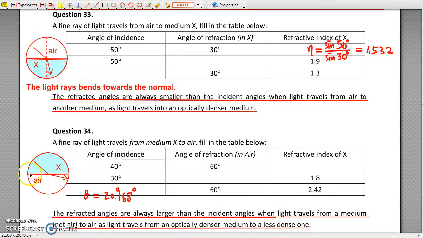On the other hand, when light travels from any other medium to air, or from one with higher refractive index to another with a lower one, then the refracted angle is larger, and so the light ray bends away from the normal.